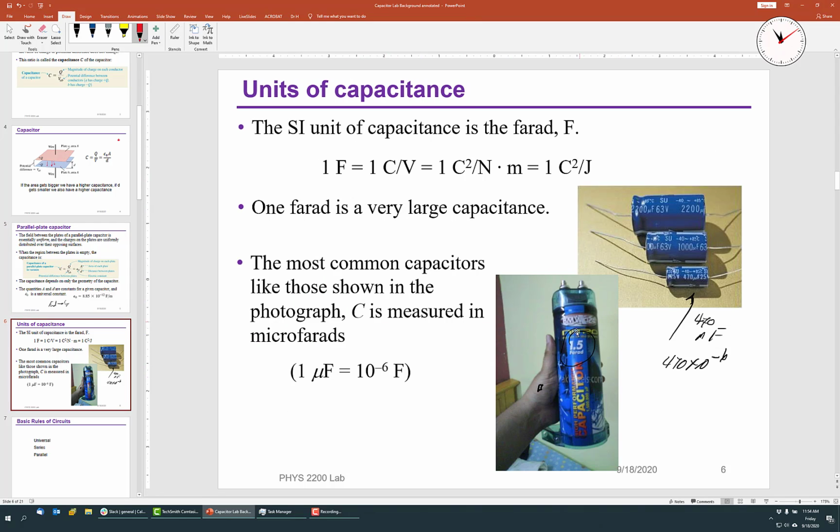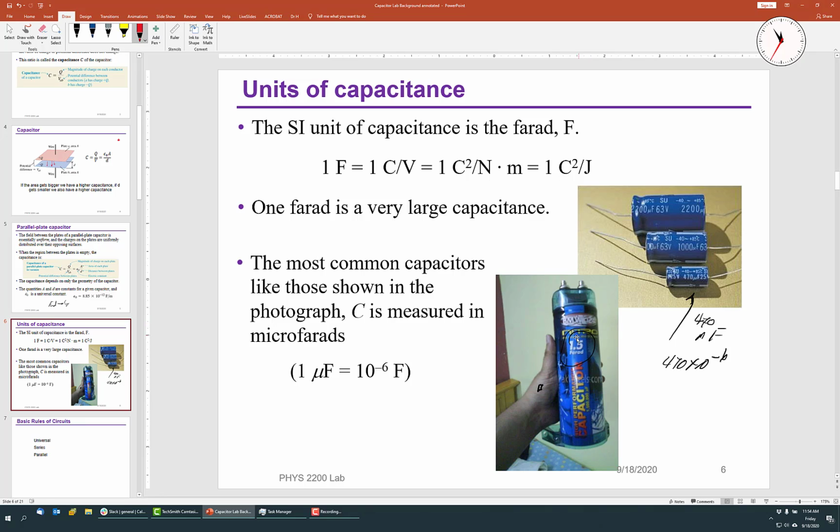And because a farad's a very big thing, 1.5 farads, we use microfarads. These little guys are actually going the way of the dodo themselves. We use even smaller ones, but say this 470 microfarad is about as big as this little rectangle here.